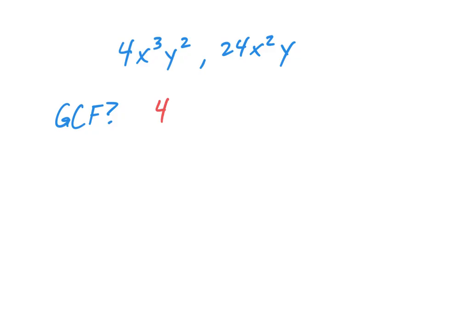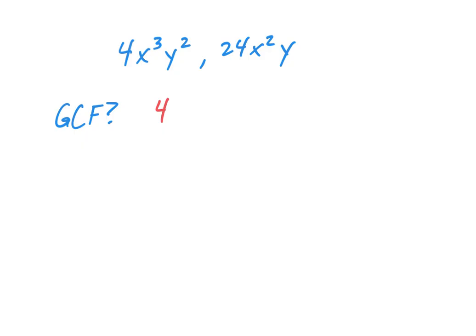Now, as I look at x's, or a variable, okay, this one has 3 x's, this one has 2 x's. And kind of the way I think about it, or at least the way I like to say it, and this would be good for you to kind of think about as well, how many x's do the 2 terms have in common, right?